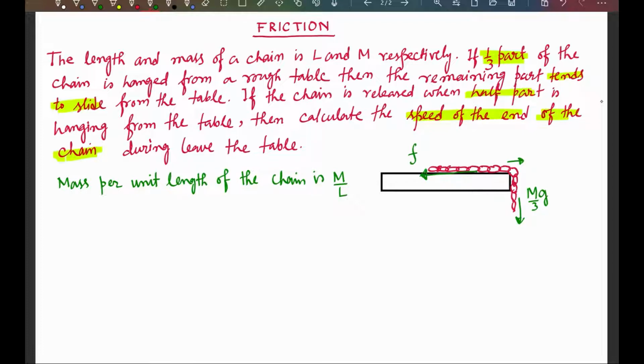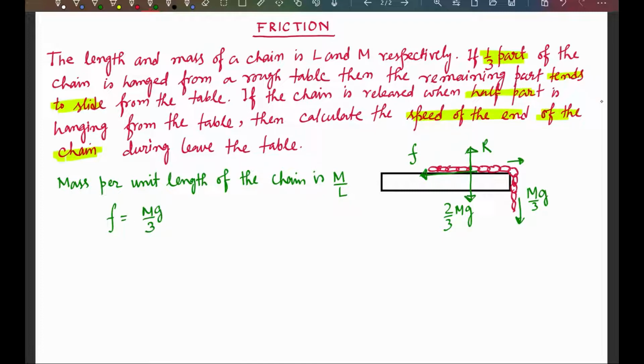The weight of the part which lies on the table is 2/3 m into g. The reaction force provided by the table on the chain is R. Then we can say that friction is equal to the pulling force, that is mg by 3.